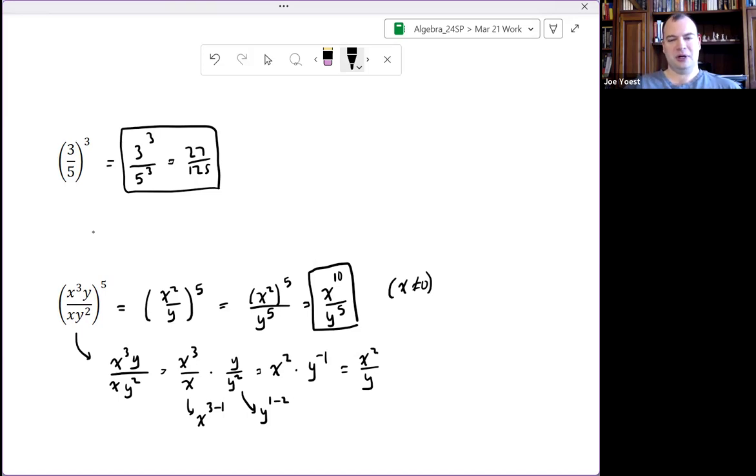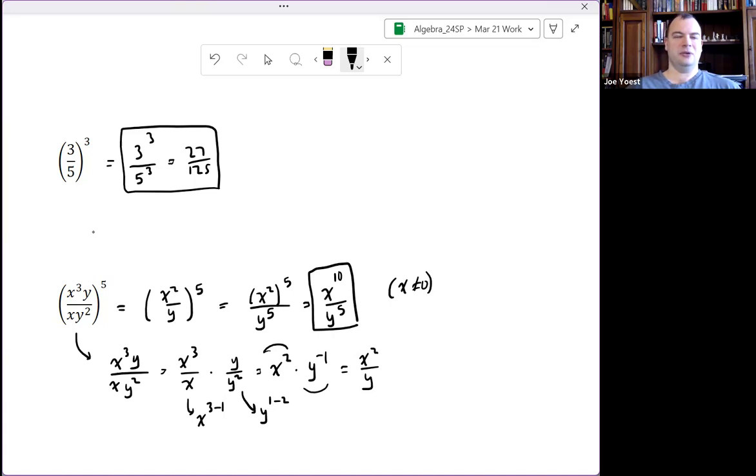Yeah, if I break this apart into a fraction dealing with the x's times a fraction dealing with the y's, I notice that each of those will simplify. X cubed over x gives me x to the power 3 minus 1, or x squared. Y over y squared, that's y to the power 1 minus 2, or y to the -1 power.